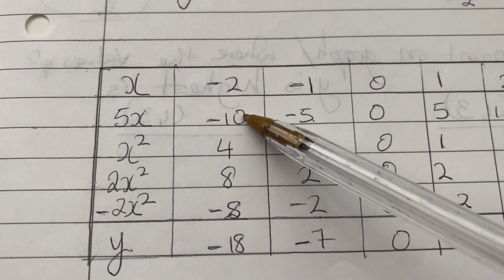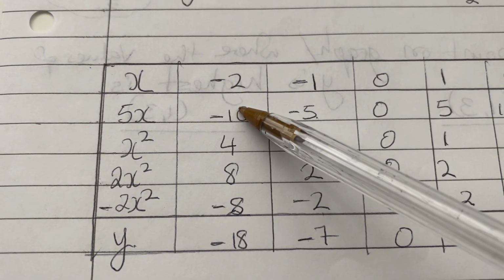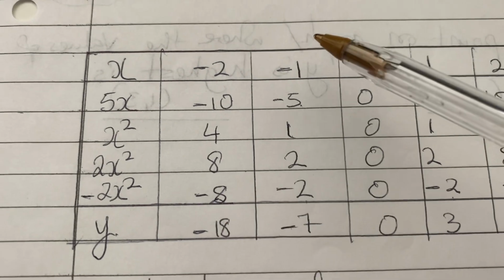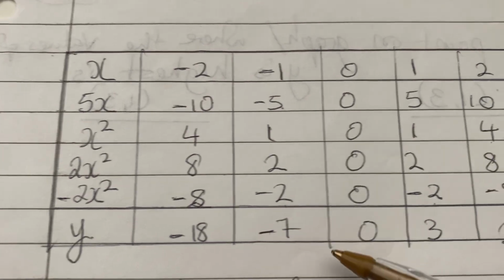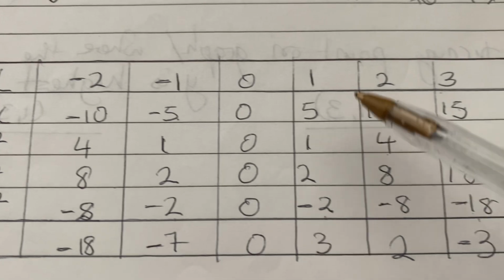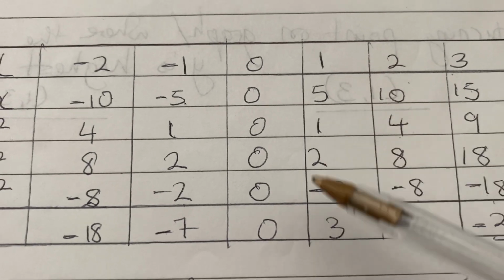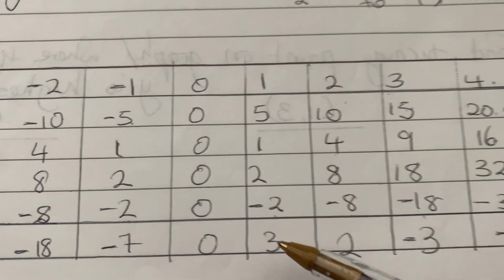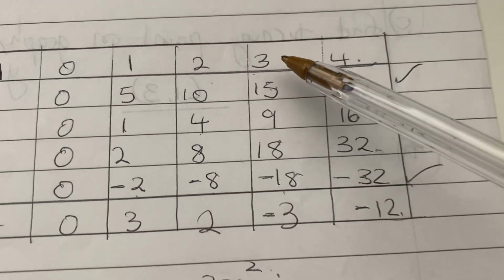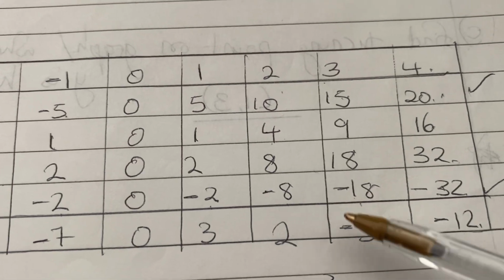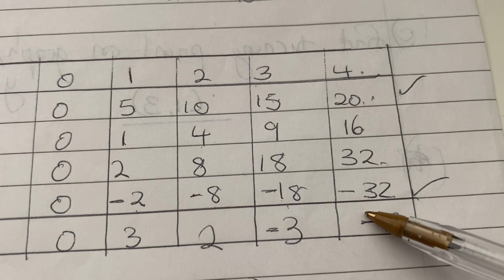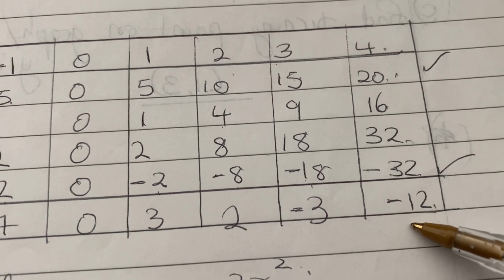What it will be is minus 10 minus 8 is minus 18, minus 5 minus 2 is minus 7. 0 and 0 is 0. 5 minus 2 is 3. 10 minus 8 is 2. 15 minus 18 is minus 3. 20 minus 32 is minus 12.